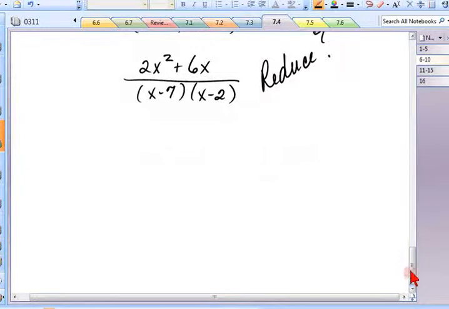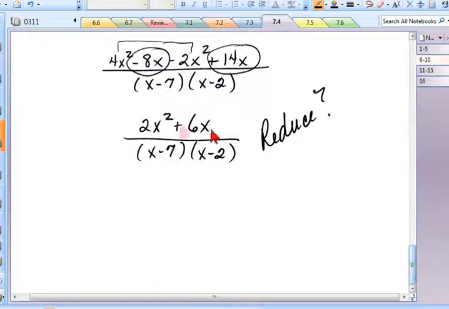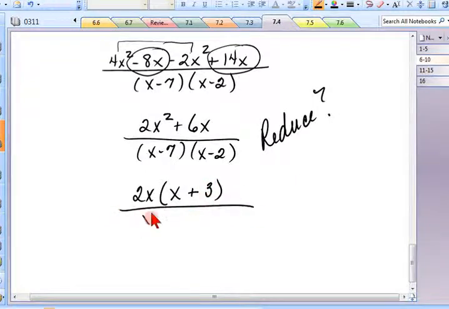Can you factor the top? Yes. There's a common factor of 2x. 2x goes into the first term, x times. 2x goes into the last term, 3 times. And that's over x minus 7 times x minus 2. I did factor. Did it help me reduce?